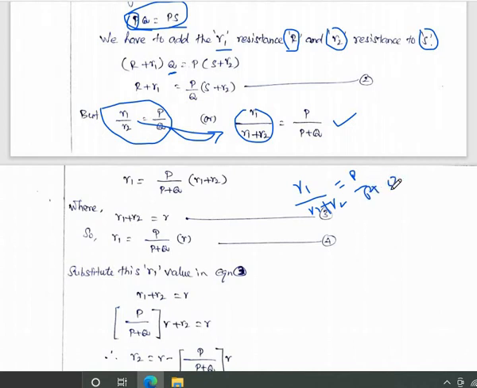So here I need the R1 value. R1 plus R2 is going to be multiplied across here, so R1 equals P by P plus Q times R1 plus R2. Here R1 plus R2 is equivalent to small r, because small r will be divided into two sections, R1 plus R2.